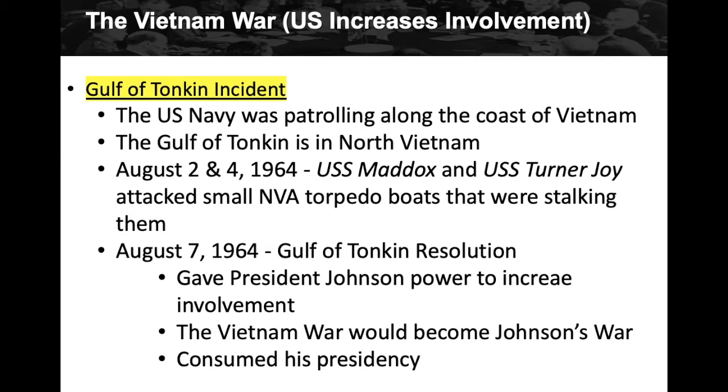And basically, because of the Gulf of Tonkin Resolution, that guided the strategy in Vietnam. It really consumed his presidency. Everything that happened, his presidency was basically surrounded around Vietnam. There were other things that he did, and other things happened in the 60s, which we'll talk about some of them, but Vietnam really consumed Johnson's presidency.